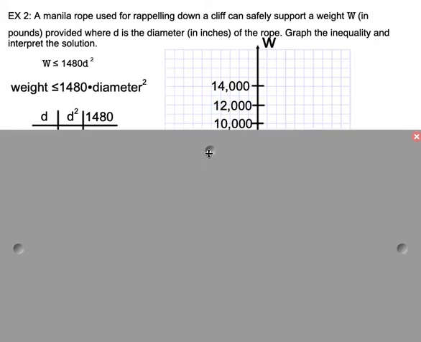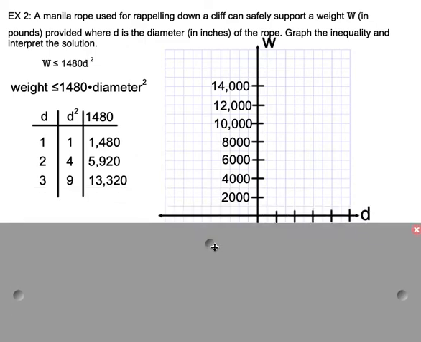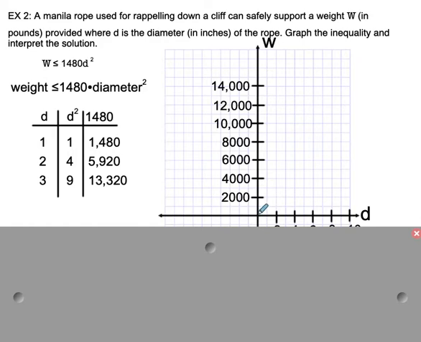So what this means is 0, 0 is where I'm going to start my graph, which makes sense. You don't need a diameter to your rope if you weigh 0 pounds because you do not exist. My stretch is 1480, so I'm going to multiply everything by 1480.